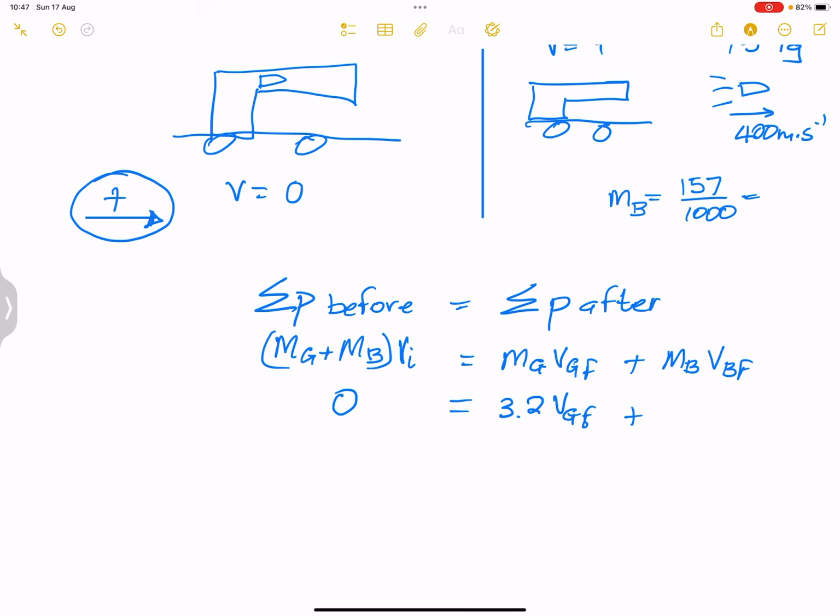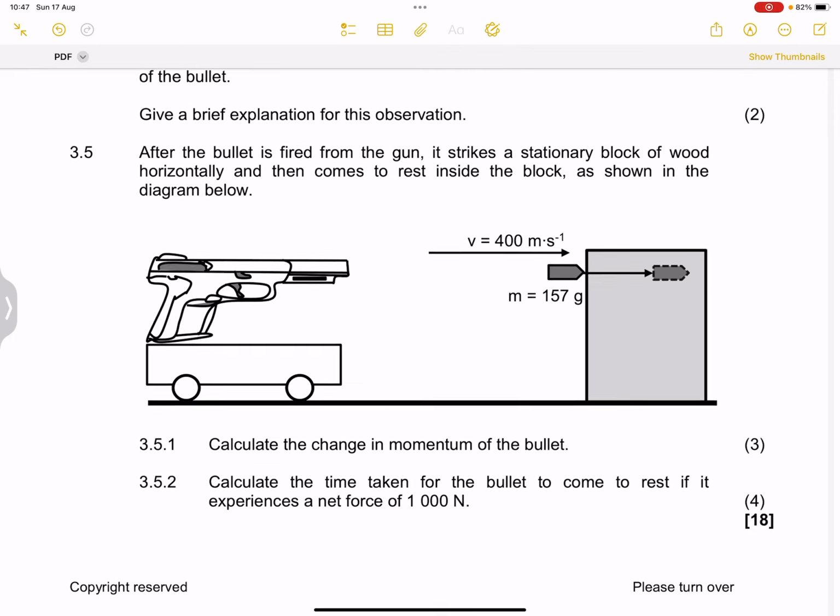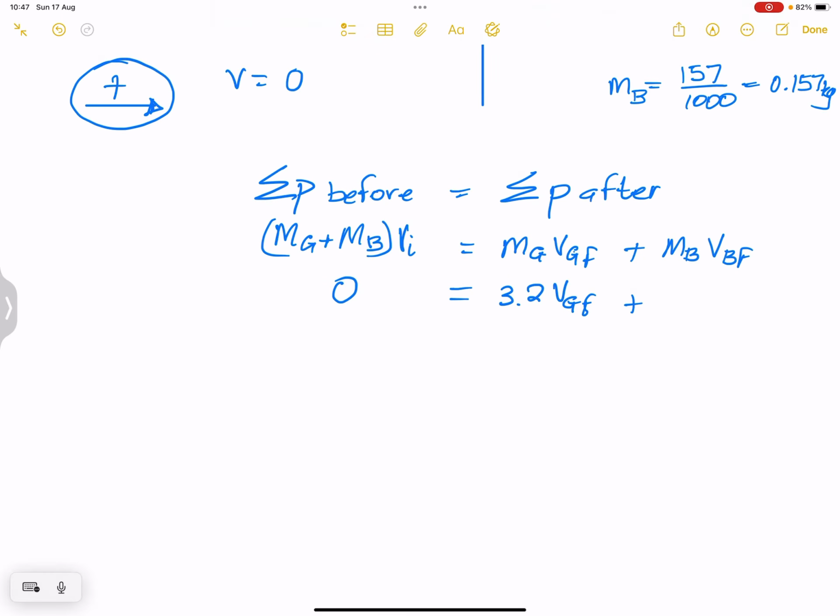And so this will be 0.157 kilograms. Please keep that in mind. We divide that by 1,000 because we're given the mass in grams. All right, so we go for it. So this is going to be 0.157 multiplied by 400 in the positive direction. Please keep that in mind.